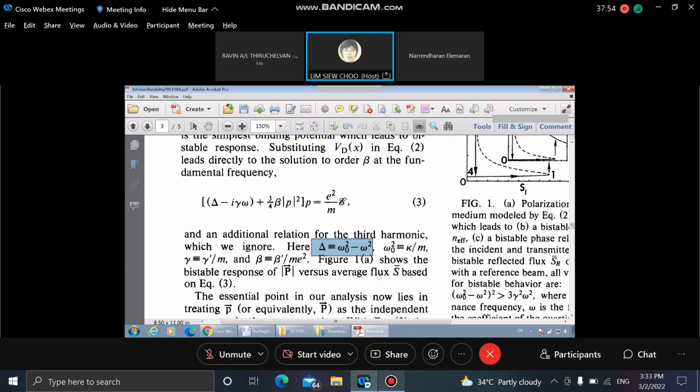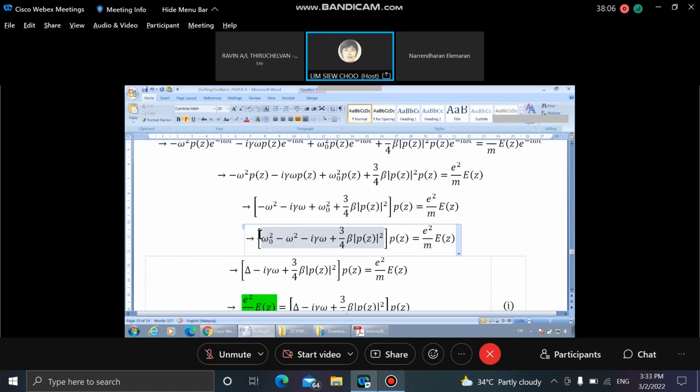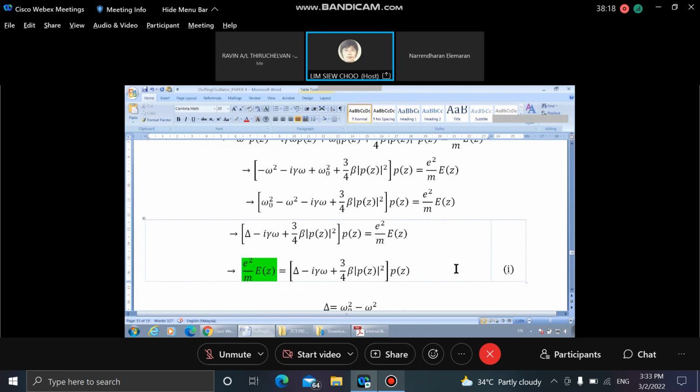This term is this. And just now, the kappa over m, we already used as omega naught square. This is correct. So we have exactly the same as the article at the end. So this is the equation 3. Copy and paste here means that we achieve the target.